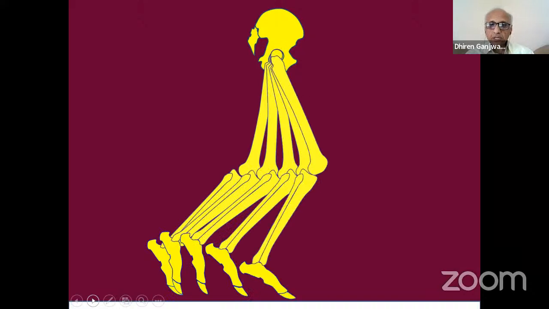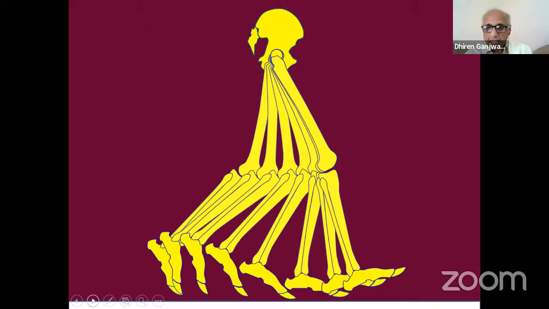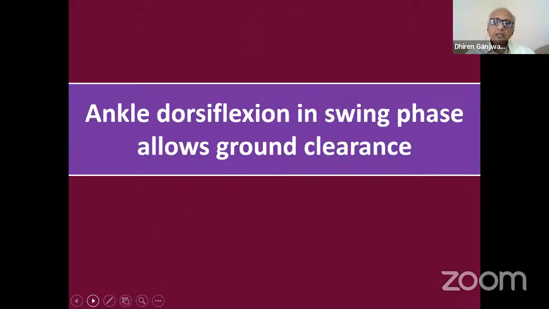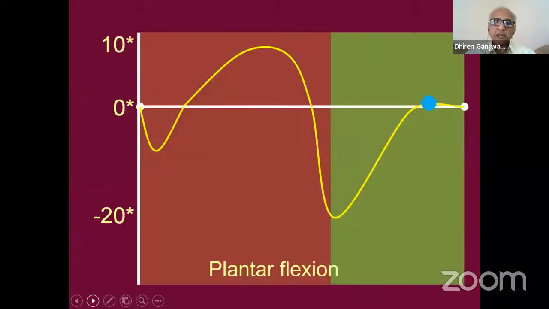And as shown over here, you can see that there is hardly a centimeter distance between the foot and the floor. And this dorsiflexion is very important because if this is not carried out, then there will be a problem with the ground clearance. So ankle dorsiflexion in the swing phase allows ground clearance.